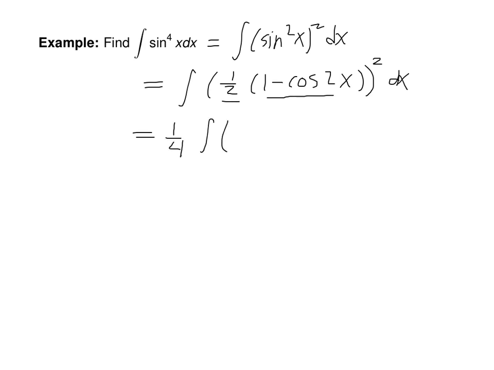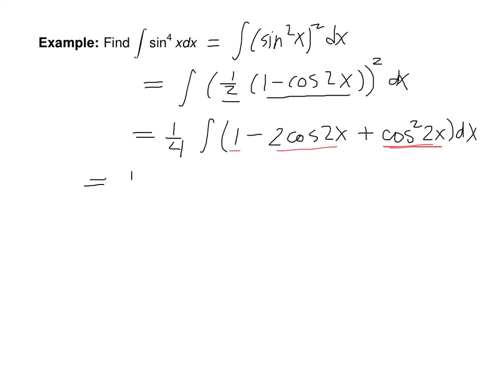When we square the 1 minus cosine of 2x, we end up with 1 minus 2 cosine of 2x plus cosine squared 2x. Now, this part's okay, that part we can handle. This part, we're going to apply the half-angle identity again, and instead of plugging in x, we plug in 2x.